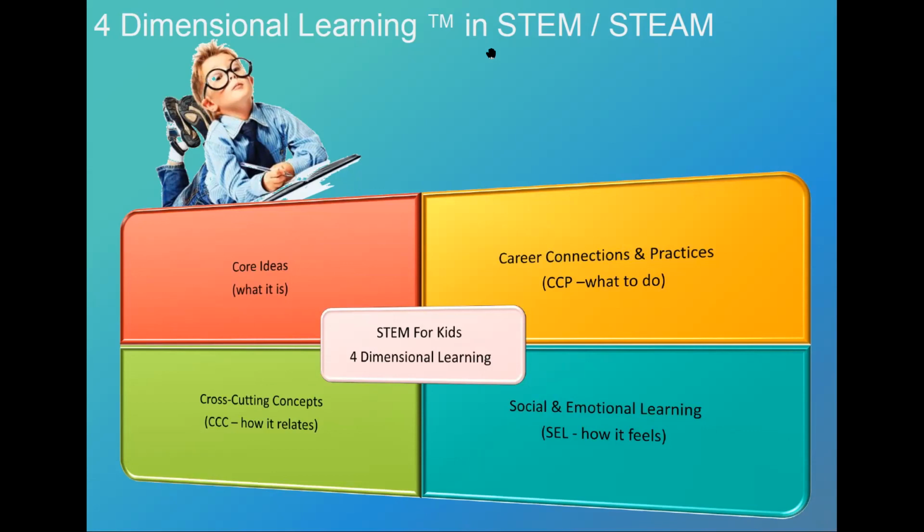You immerse the child in an experience by giving them the core ideas, by giving them the cross-cutting concept, by letting them know what kind of careers exist that will be utilizing these concepts that the child is learning. And of course, repetition and the creation is basically how you make all of this come together.